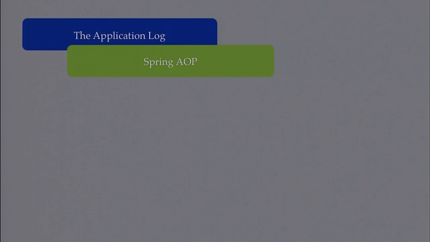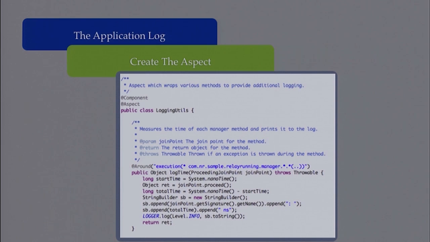But one thing we can do if we want to get some timing information is we can use Spring AOP. So to use AOP, if you're not familiar with it, you create an aspect. And what I'm doing here is I have one method that's wrapping my method calls in the manager layer, and it's essentially just timing that layer.